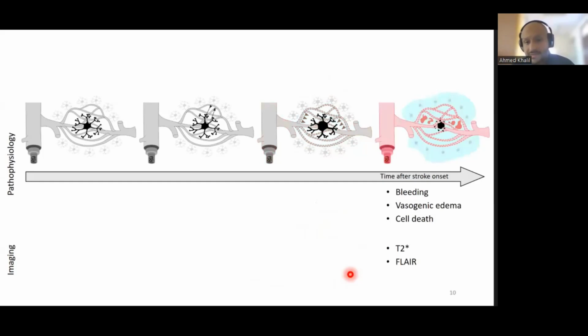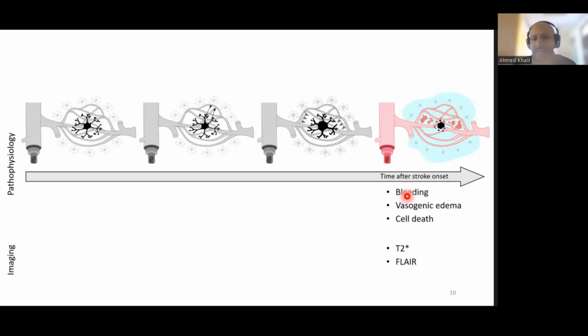In later stages of stroke, and we're talking here more about maybe tens of minutes to a couple of hours, the blood-brain barrier disruption causes blood to leak into the surrounding tissue. So there's bleeding that almost inevitably happens even in an ischemic stroke.